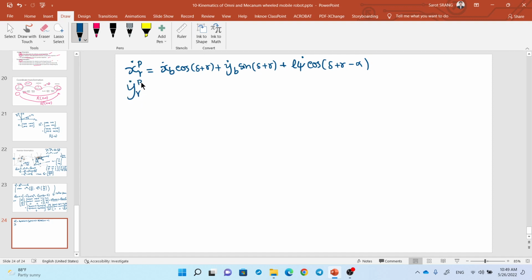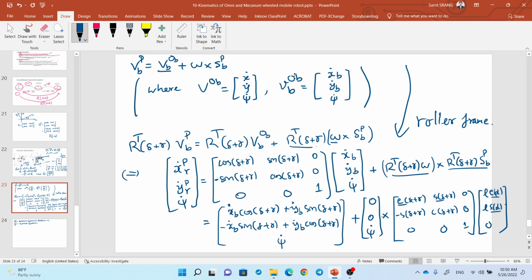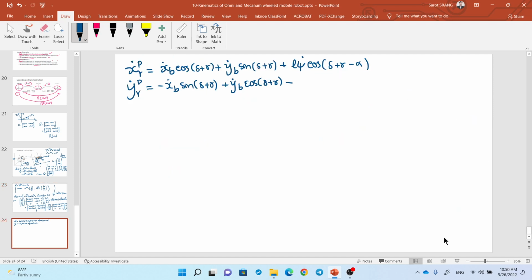And y dot p equal to minus h dot b sine delta plus gamma plus y dot b cosine delta plus gamma, and this one, cosine. The minus is minus as before.